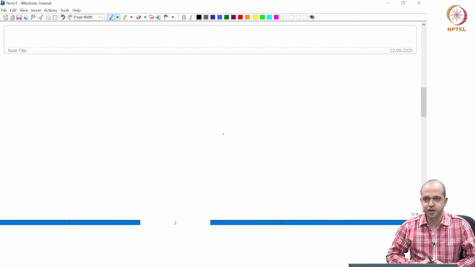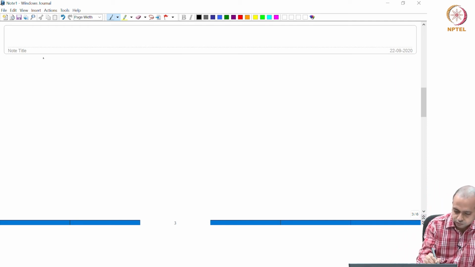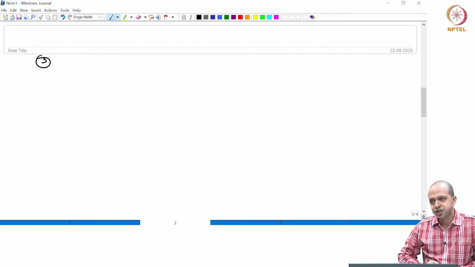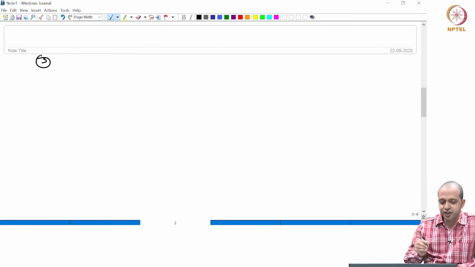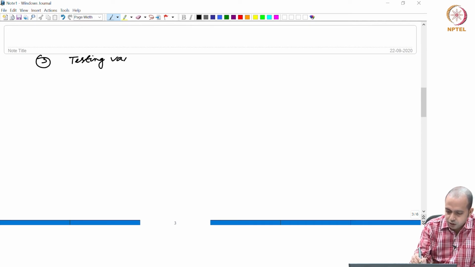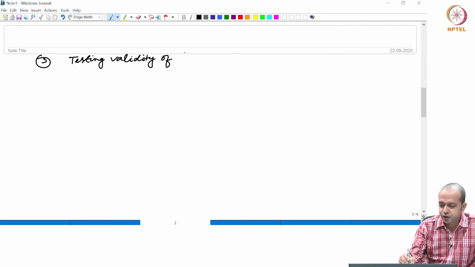Third hypothesis that we are testing was testing the validity of linear restriction. So, please remember what we are testing: testing validity of linear restriction.